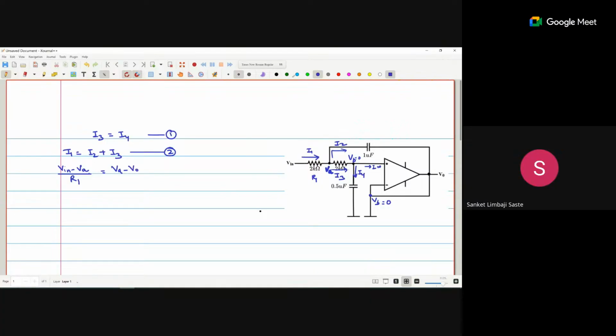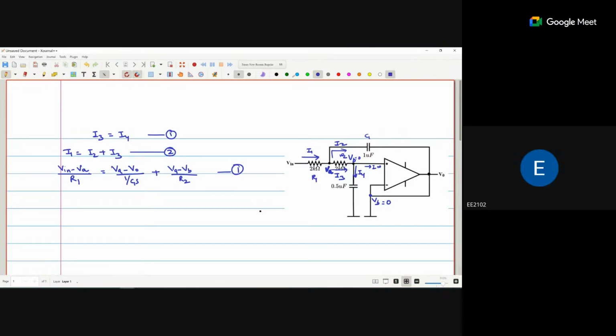I2 is (VA minus Vout) divided by 1 by C1s, where I am taking this as C1. Plus I3, which is (VA minus VB) upon R2. This is the R2 resistance. So this is my first equation.